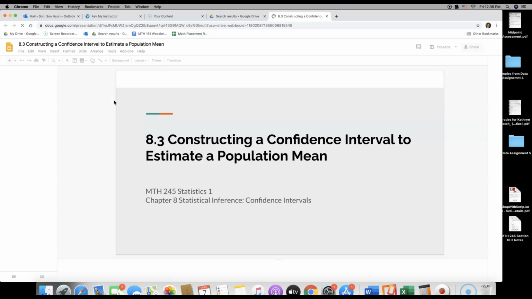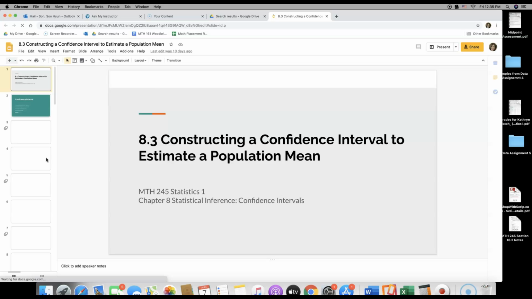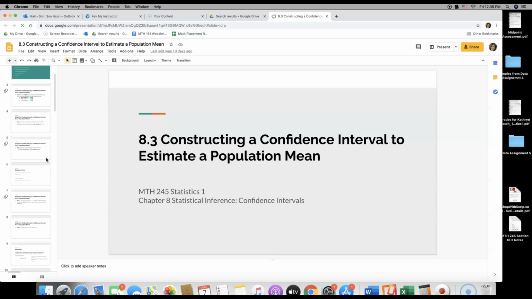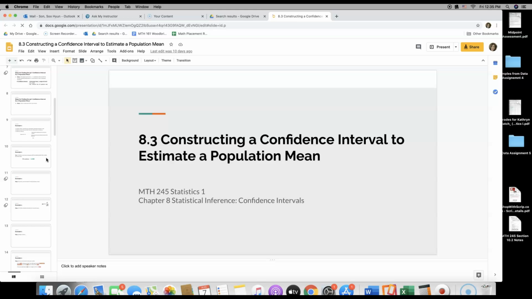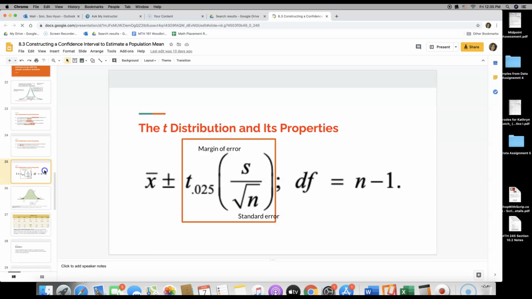I like this question. I'm just going to show you the margin of error formula real quick, and the one where we had to do the T interval. Here it is.